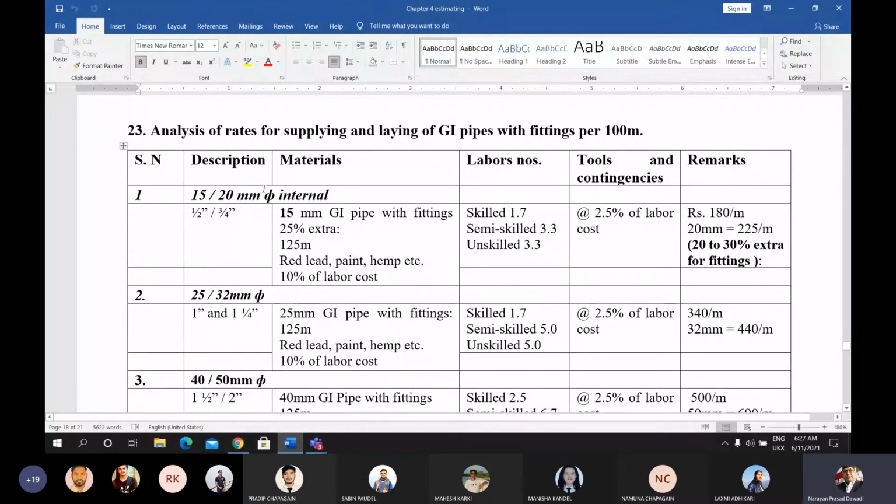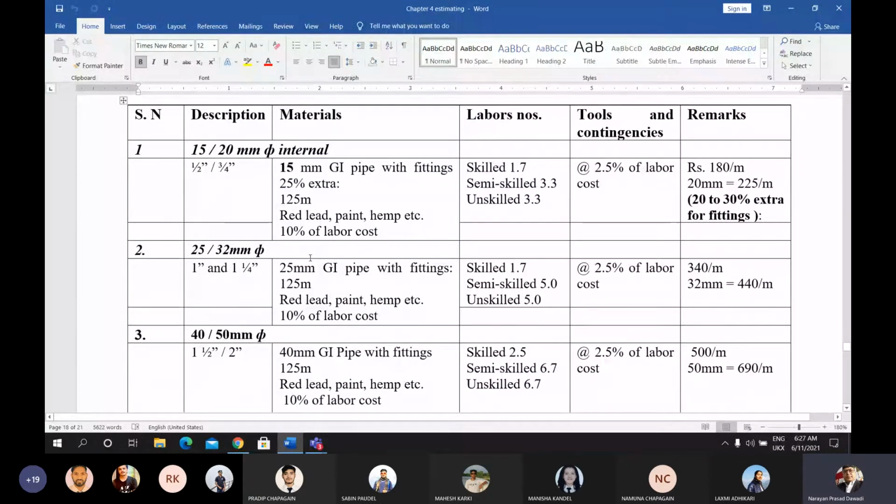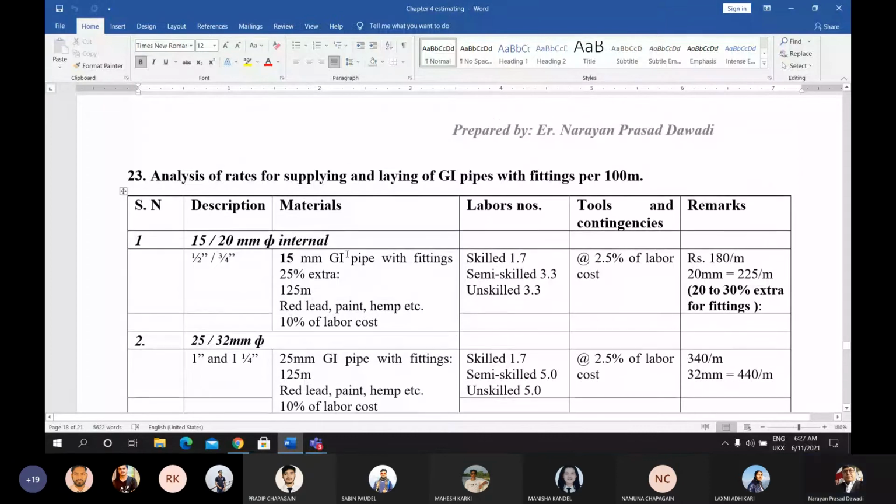Because these 15 mm, 20 mm, 25 mm pipes are iron pipes coated with galvanized zinc, this is called GI pipe, galvanized iron pipe, and it is basically used for water supply lines.